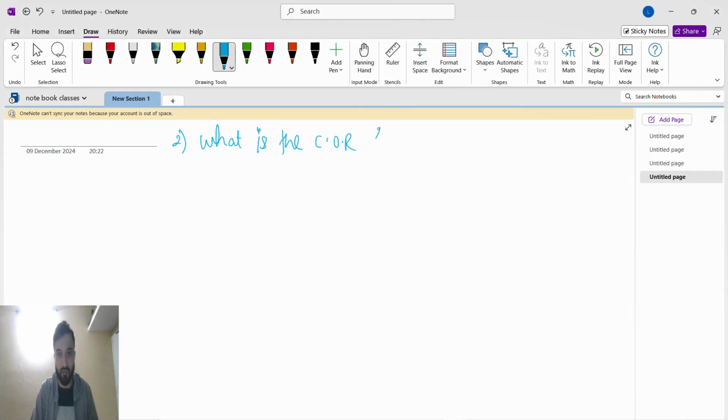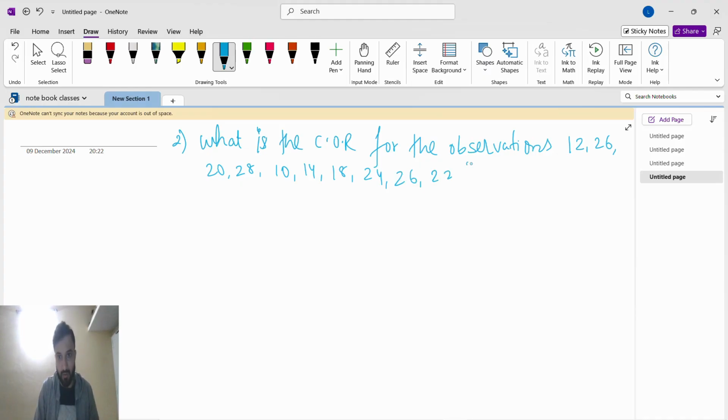What is the coefficient of range for the observation 12, 26, 20, 28, 10, 14, 18, 24, 26, 22?